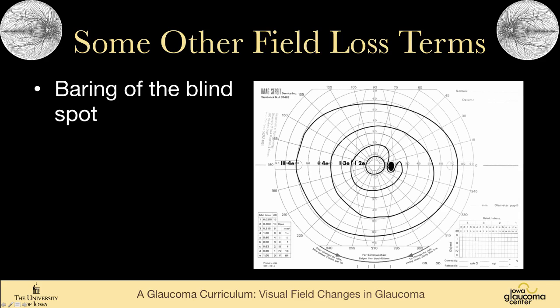So that's really not a sign of disease. If there are multiple isopters that ducked around the blind spot, then that would be true bearing of the blind spot. Or it would also be called an arcuate scotoma, which I think is a better term.